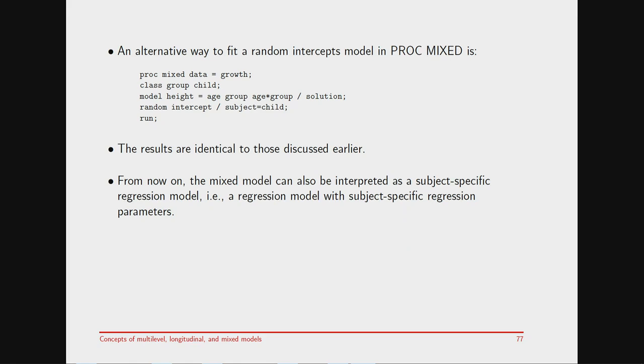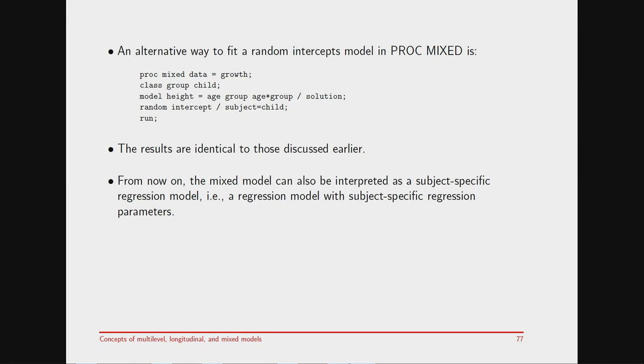So I add an option, subject is child. Then SAS knows all the observations with the same value for the variable child belong to the same cluster, and they should all be modeled by that same straight line with a child-specific intercept.